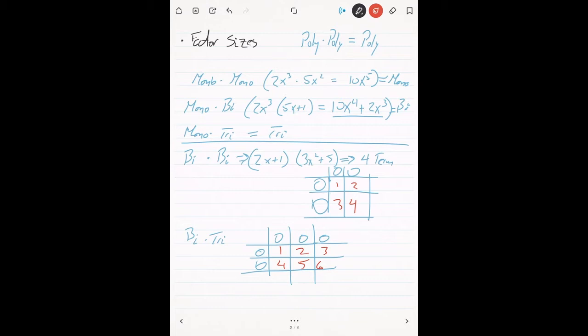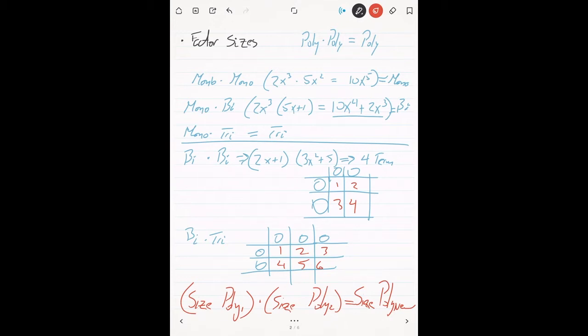Hopefully you're starting to see that the size of one polynomial times the size of the other polynomial, I'll call them polynomial 1 and polynomial 2, gets you the size of the new polynomial, okay?